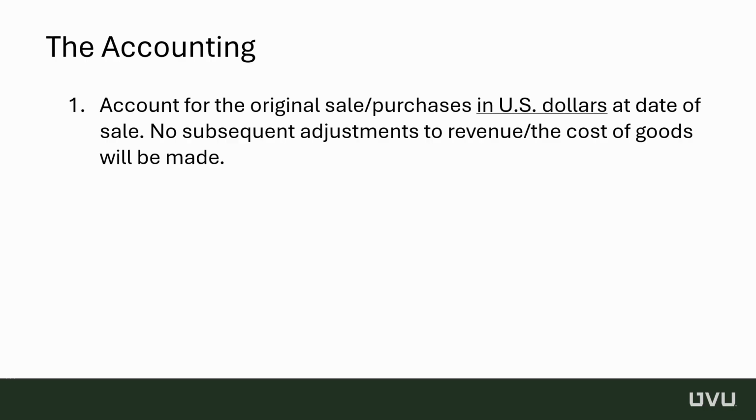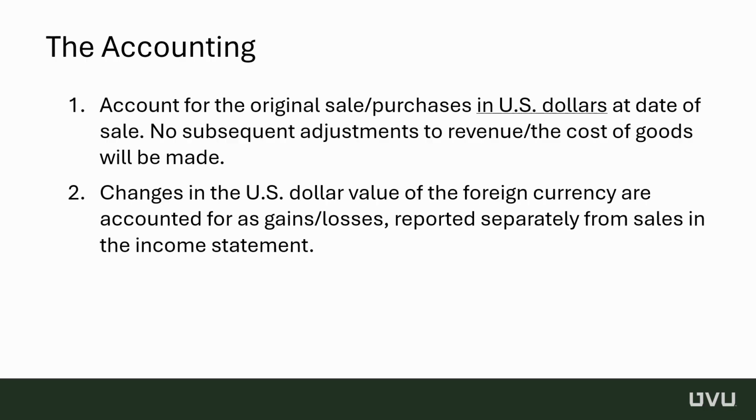After that original transaction is recorded, we do not go back and adjust sales revenue or the cost of the goods purchased just because the exchange rates change. The original sale or purchase remains recorded based on the exchange rate at the transaction date. Instead, later changes in the US dollar value of the foreign currency receivable or payable are going to be recorded separately as foreign exchange gains or losses.